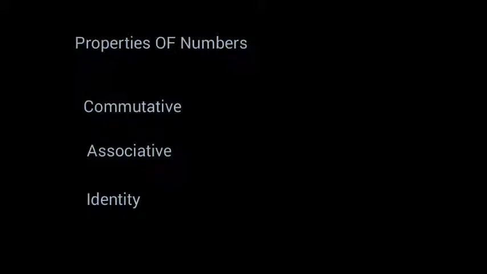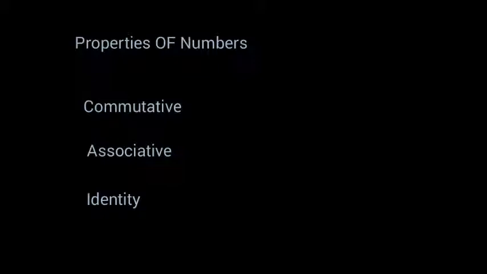Alright, last thing we're going to do today is go over the properties of numbers. There's 3 properties of numbers you need to know: the commutative property, the associative property, and the identity property. So commutative means it's like we're all in different cars and we're all going to the same place, and it really doesn't matter who's in front of the other.